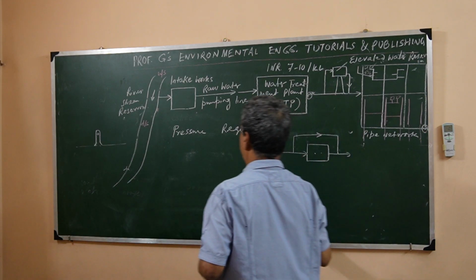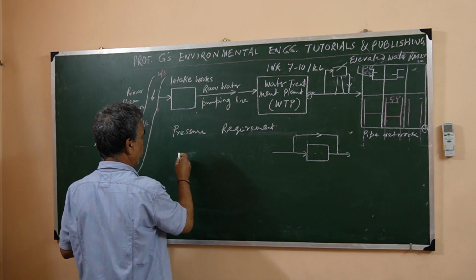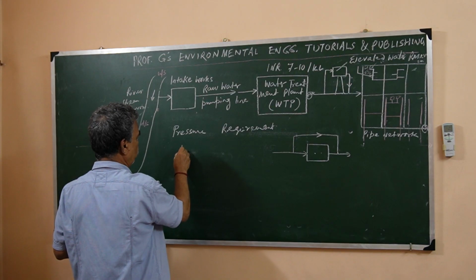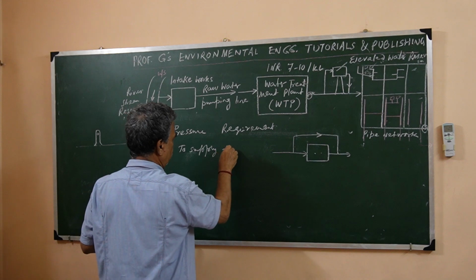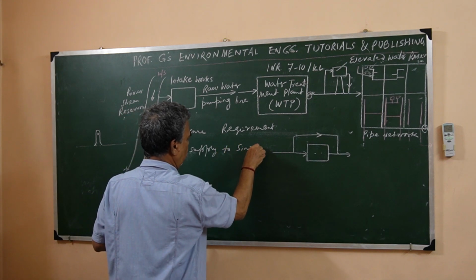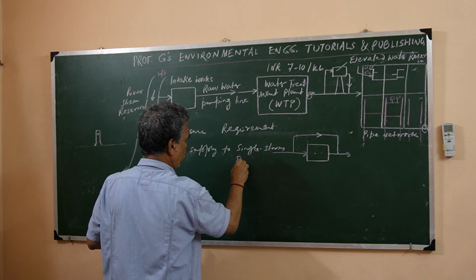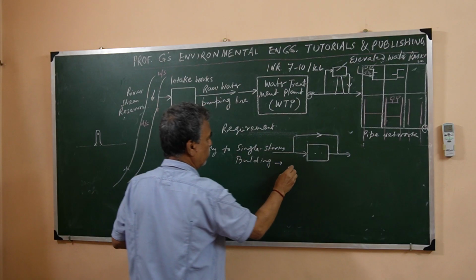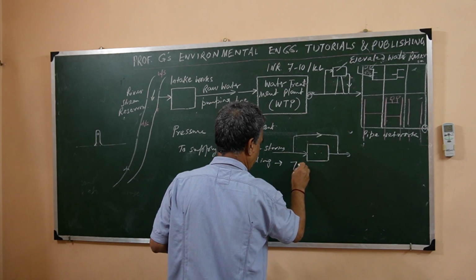So the pressure, water head wise, the pressure requirement to supply a single storey building is, I think, 7 meter or so.